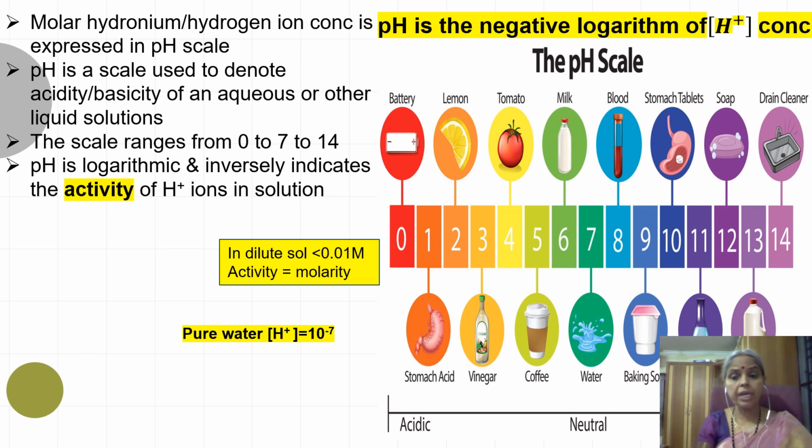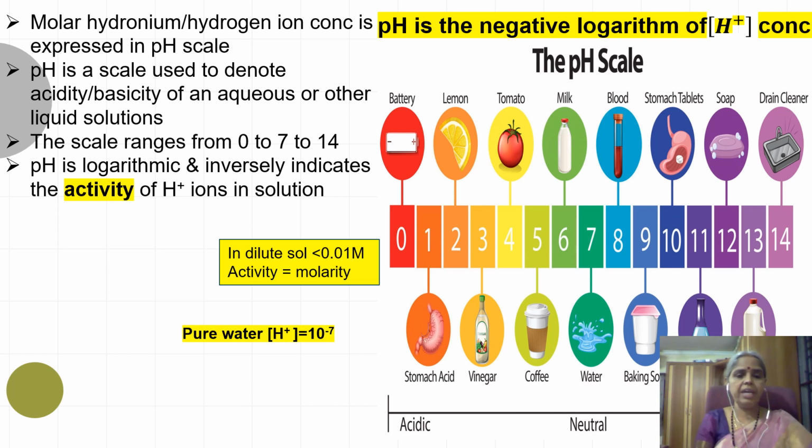pH is the negative logarithm of hydrogen ion concentration. So, pH is logarithmic and inversely indicates the activity of hydrogen ion in solution. But in very dilute solutions of less than 0.01 molar concentration, activity can be taken as molarity, or conversely molarity is equal to activity.